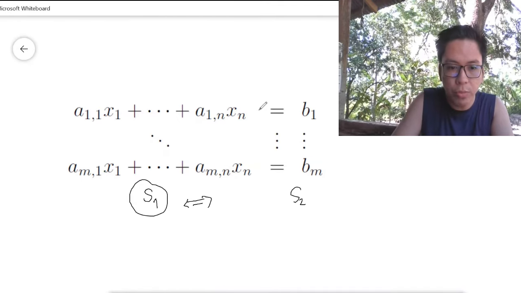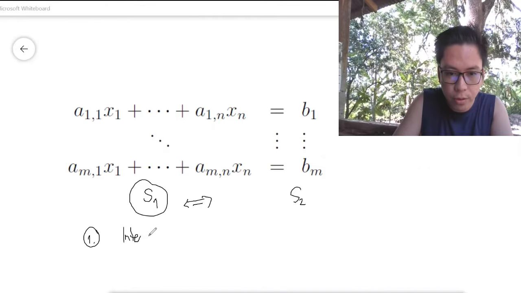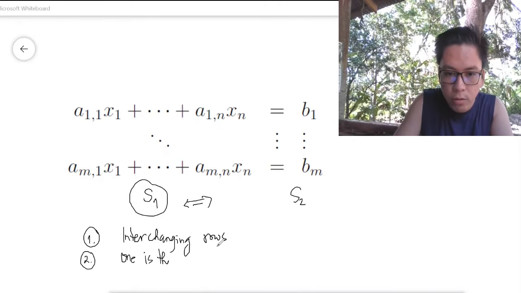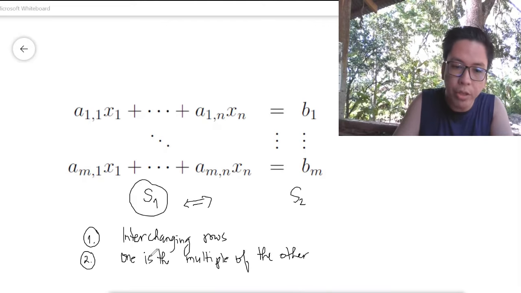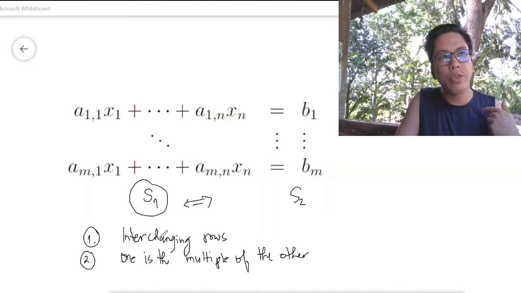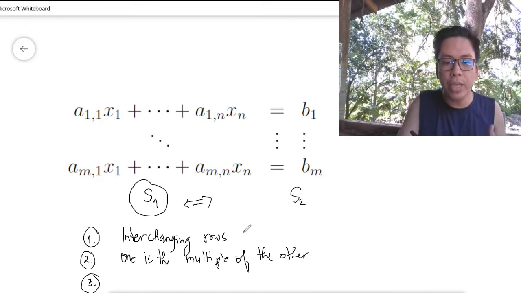It could be interchanging rows, or one equation is a multiple of the other. When I say one is a multiple of the other, this means that one equation from one system is a multiple of one equation from the other system. And number three is adding a multiple of one equation to the other equation.